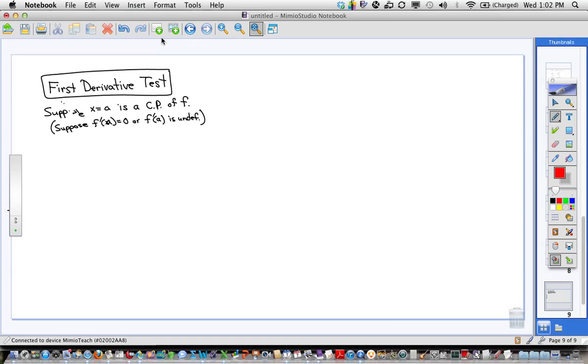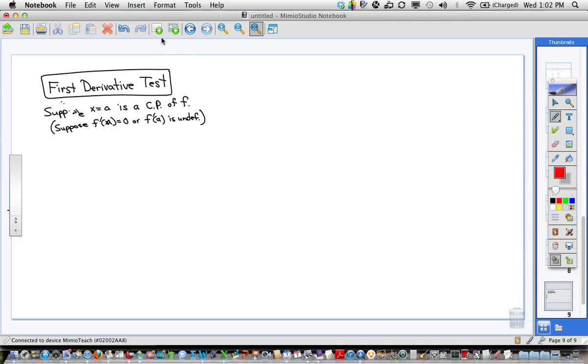So I need to take that f prime and see where it equals 0. So I've got to set it equal to 0 and solve it. Sometimes I've got a calculator, which I can just let do it, or sometimes it's no calculator and I've got to be able to solve it. So when we were getting those answers like pi fourths and 5 pi fourths, those are our critical points. That's why we have to be able to solve those equations. All right? So first we identify that we have critical points.